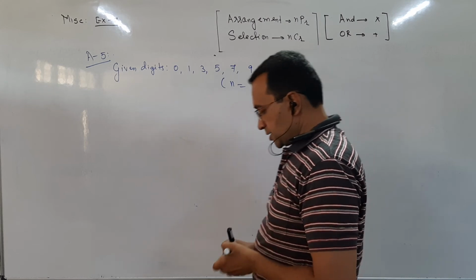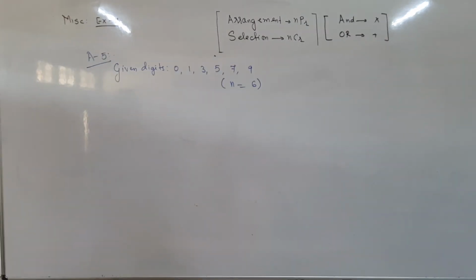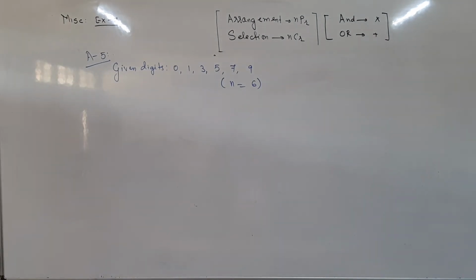Total, students, we are given 6 digits, 0 being even, remaining all 5 are odd single digits. So using these 6 digits, how many 6-digit numbers are formed which are divisible by 10?